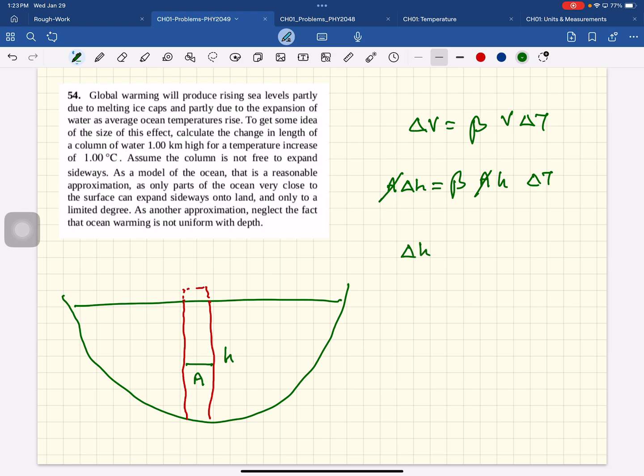So the increase in height just from the volume expansion is beta times h times delta T.